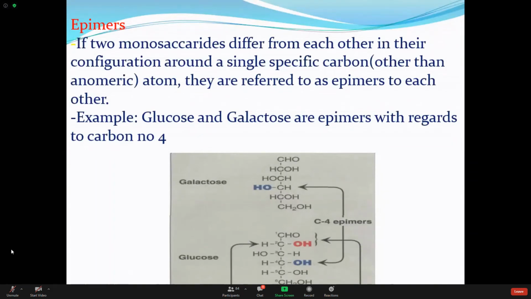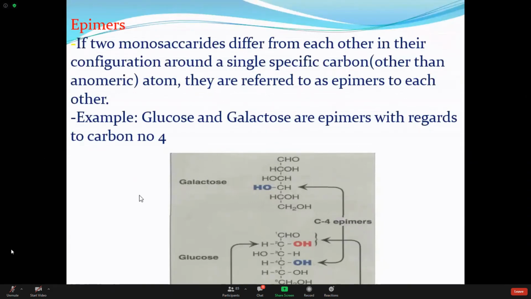Glucose and galactose are epimers in respect to carbon number 4 only, not other carbon atoms. So for explaining an epimer, you have to mention in respect to which carbon atom, otherwise you cannot explain it.